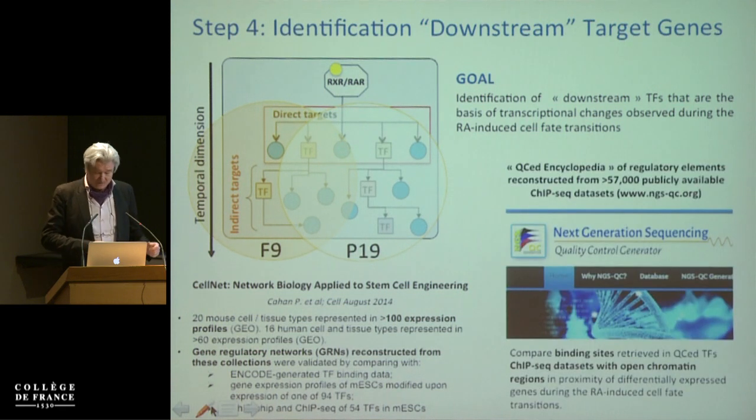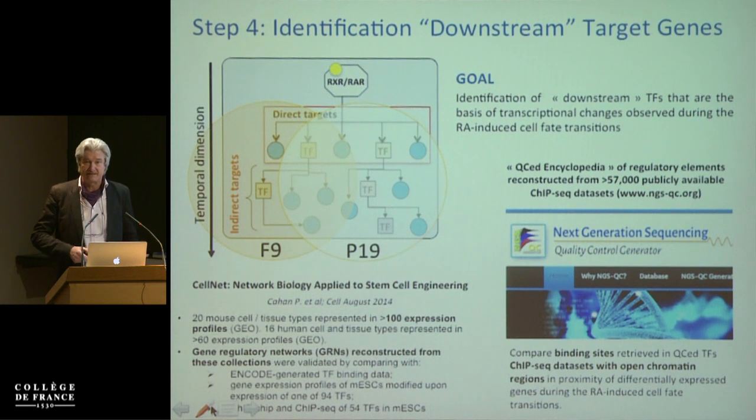That is why we had originally, for a completely different reason, generated a database in which we look at the quality of ChIP-seq profiles, and we have enlarged that to virtually all existing ChIP-seq profiles in the world. So currently these are 57,000 profiles.